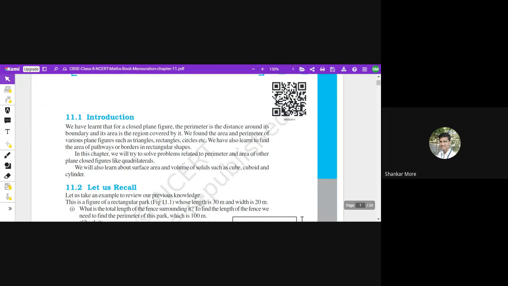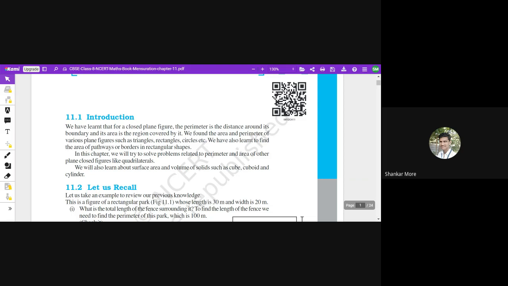So we have learned that for a closed plane figure, a perimeter is the distance around its boundary, and its area is the region covered by it. So we know what is perimeter and what is area. Now we found the area and perimeter of various plane figures such as triangles, rectangles, circles, etc. We have also learned to find the area of pathways or borders in rectangular shapes.